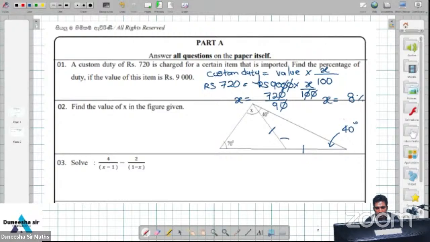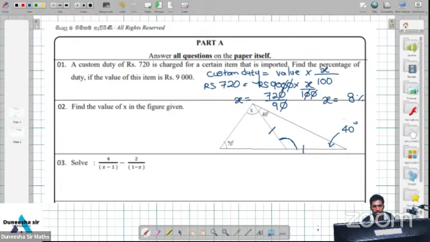Now how much is this angle? The internal angles of a triangle are equal to 180. Then this angle is how much? 40, 40.